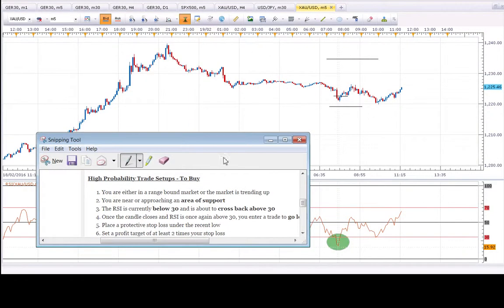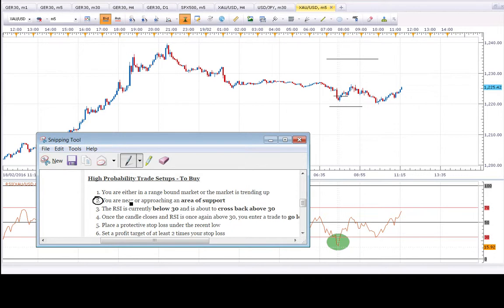Okay, now the key thing really to remember is this point here, which again just needs a little bit more research if you're not familiar with your support. We haven't plotted the areas of support or resistance on these charts because it falls outside of the scope of this video. So we're assuming that we've reached an area of support in this example.